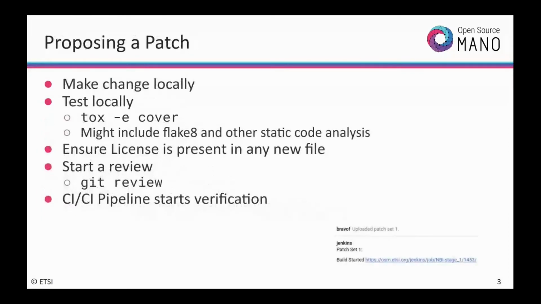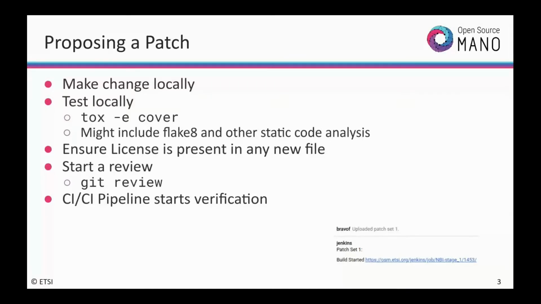So proposing a patch. How does this work? You make your change locally. You run tox on it. I happen to have put this one here, tox -e cover, which runs all of the unit tests. But there are other targets inside of tox that will be used by the build process.